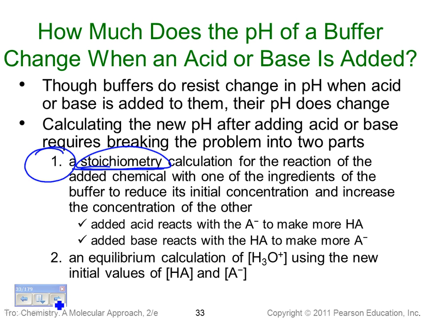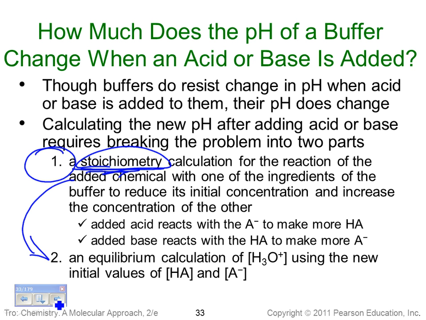When you add a base, it reacts with the weak acid and increases the conjugate base quantity. But you can plug those new values into the Henderson-Hasselbalch equation. But first, you've got to do the stoichiometry to know what those new values are. You know what the originals are. Now you've got new values.